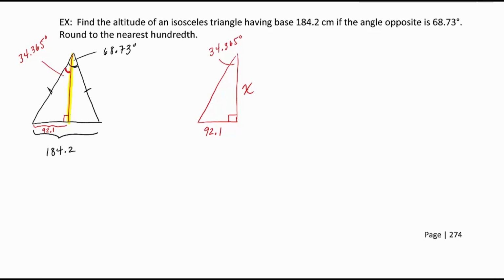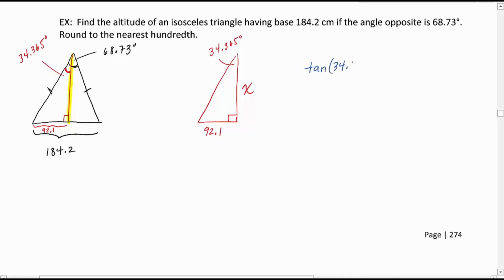Now we want to use one of our three basic trig functions to relate this one angle and two sides. From our angle 34.365 degrees, we have the side that is opposite and the side that is adjacent. So opposite and adjacent tells us that we want to use tangent.